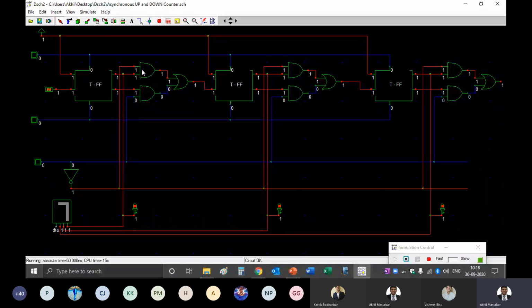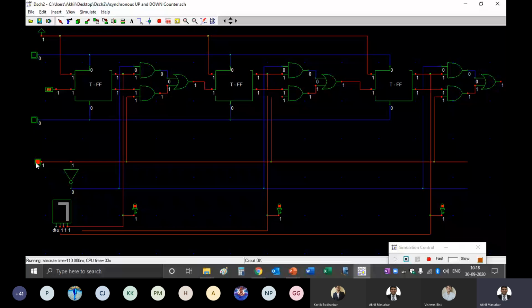That means the AND gate is enabled, and you can see the output is 1 from the upper AND gate. But the moment I make this 1, you can see now that the lower AND gate got enabled and the upper AND gate got disabled.